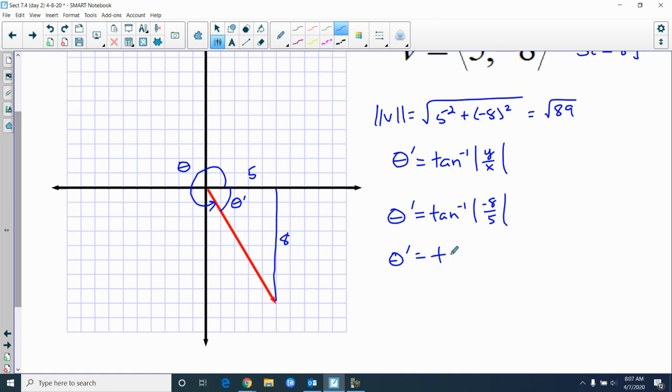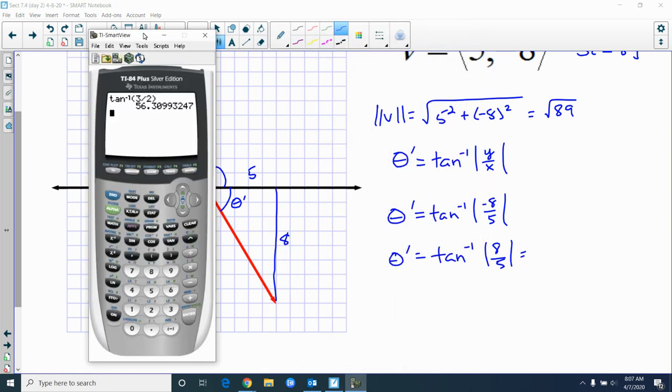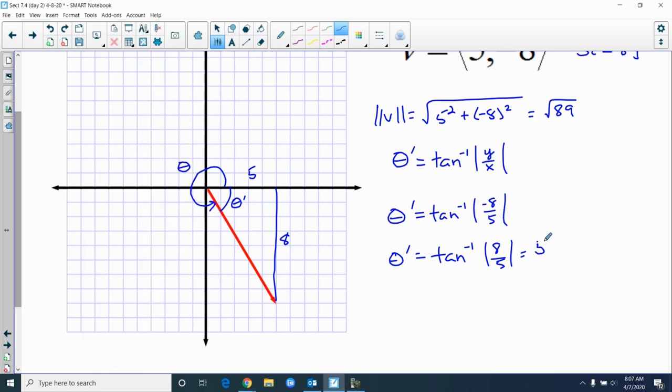So that's going to give me the inverse tangent of 8/5. Well, what is that? Inverse tangent, 8 divided by 5. 57.99 degrees. That is not our direction. Our direction has to be this angle here.